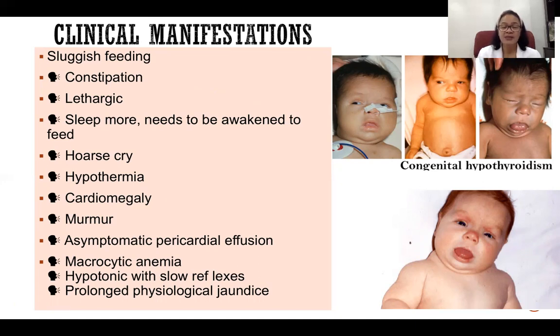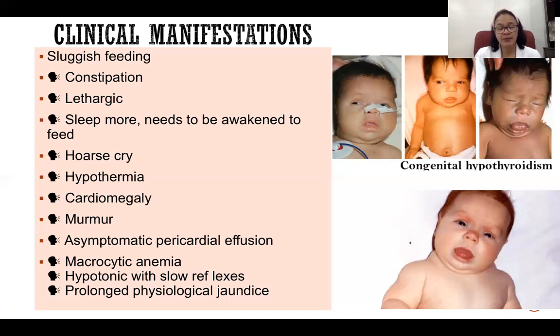Hoarse crying, presence of hypothermia, and then some patients may have cardiomegaly or presence of murmur, and then macrocytic anemia and so on. Okay, another manifestation is a presence of prolonged physiological jaundice. When you say physiologic jaundice, it's normal up to 2 weeks of life.